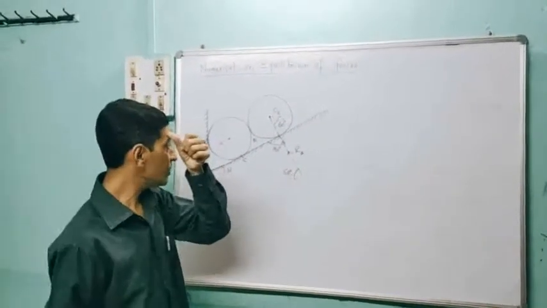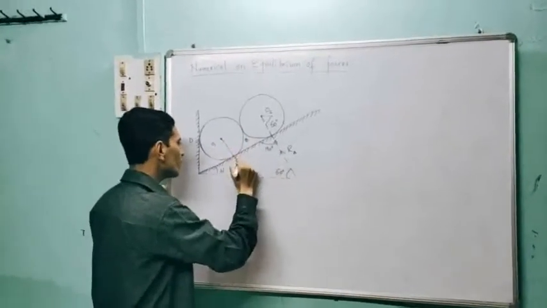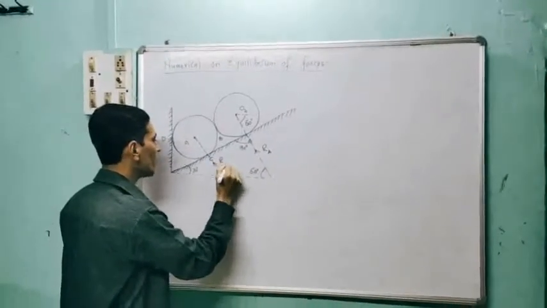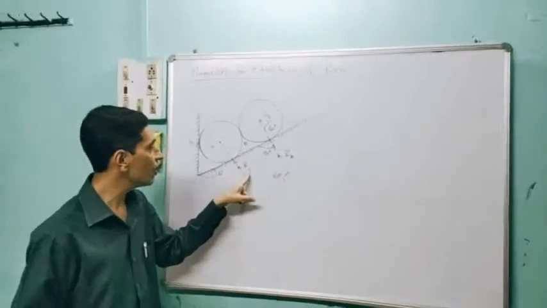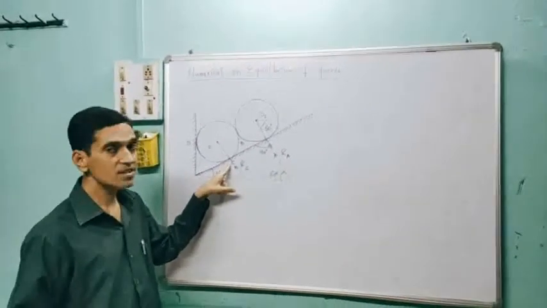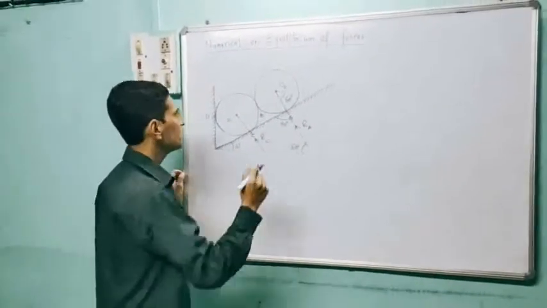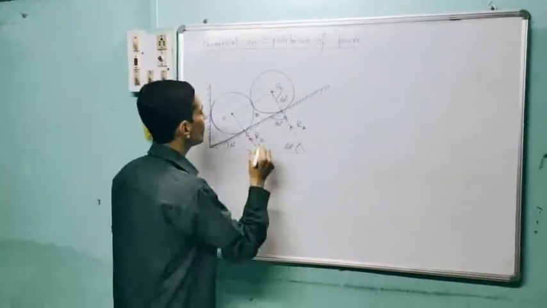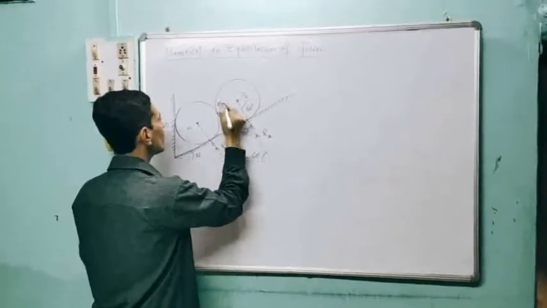Similarly, you show another reaction from the contact point C towards O2, that is RC. Let us take RC as one of the reactive components or reaction from the contact point C towards the O1. Similarly, take another reaction from the contact point B, that is RB.